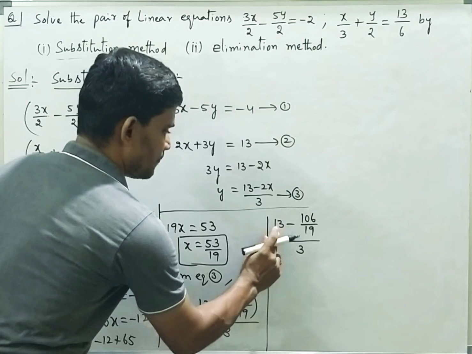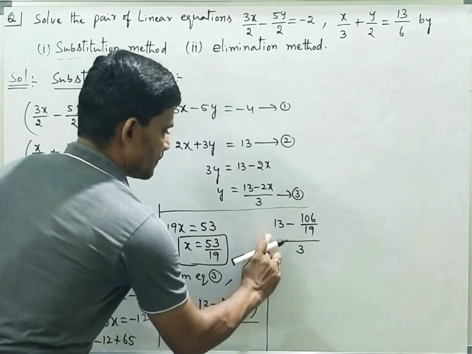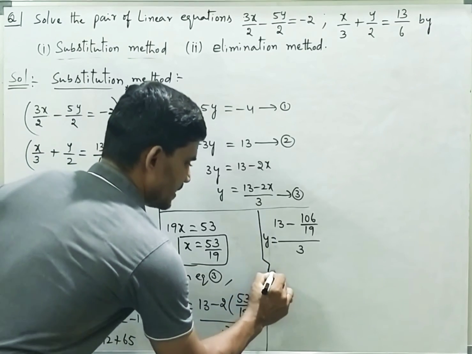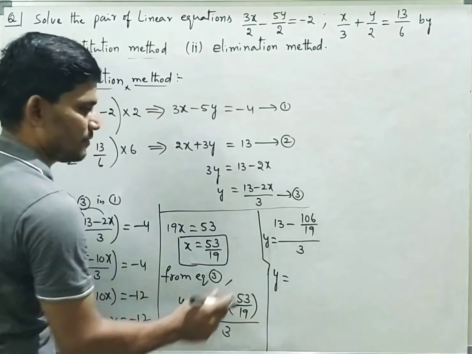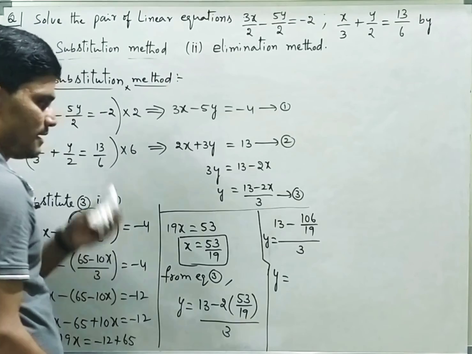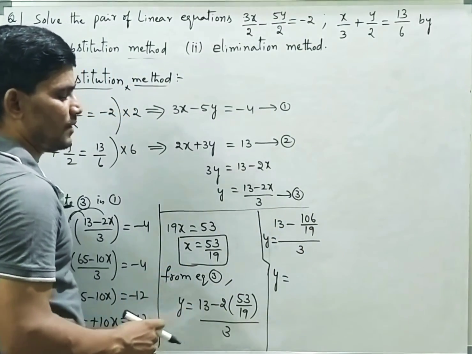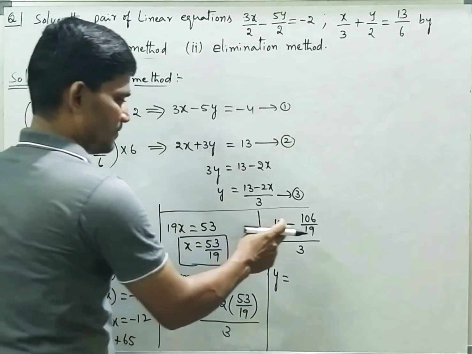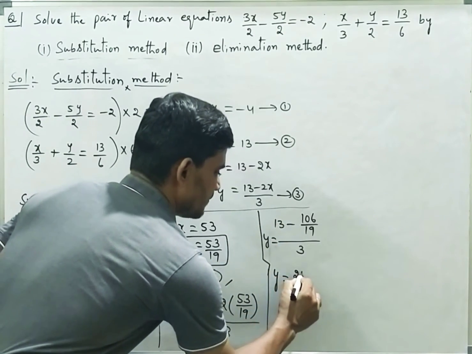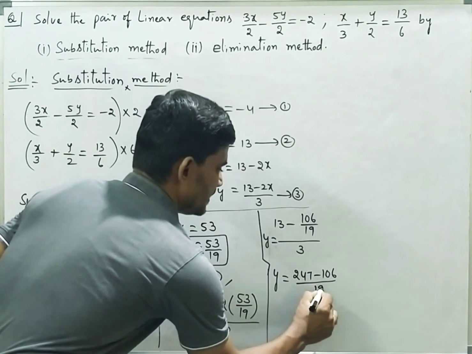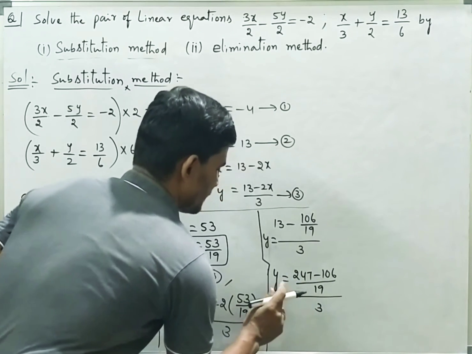So this is the value of y. Then y is equal to, treat 13 like a mixed fraction, that is 13 into 19, 190 plus 57, 247 minus 106 by 19, by 3.